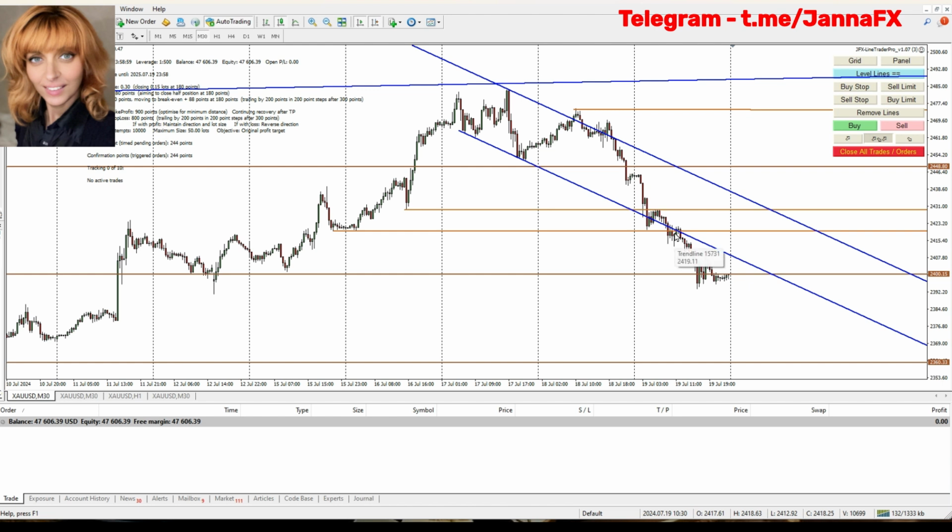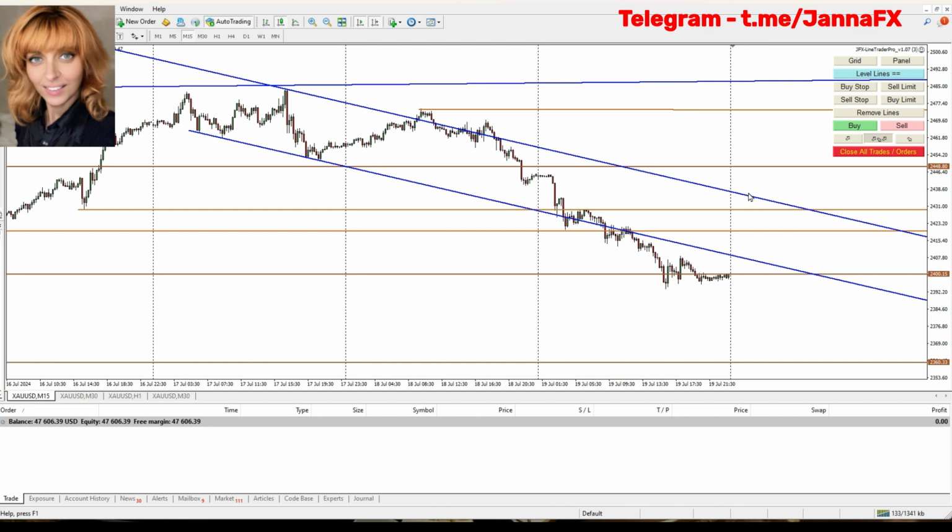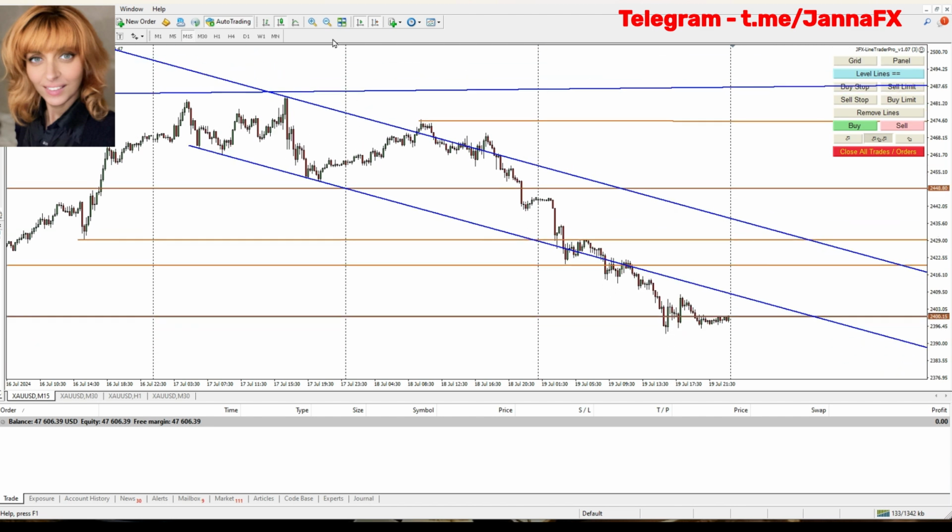So now we will see from this. Of course, I would probably be looking for a bit of a correction, but it might still go as a flag. A movement like this could be a bearish flag with continuation down.